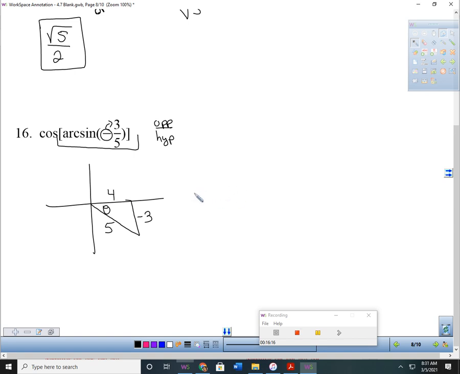If you don't, then you can do the square root of hypotenuse squared minus the leg that you have squared. Make sure you square that in parentheses. So you get 25 minus 9, which is 16, right? And the square root of 16 is 4. And I know that it's positive because it's coming out in a positive direction. So then I would find the cosine of that same angle. Cosine is adjacent over hypotenuse, so that would be 4 over 5.